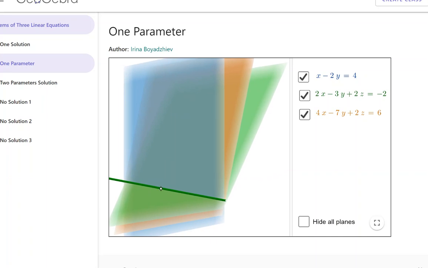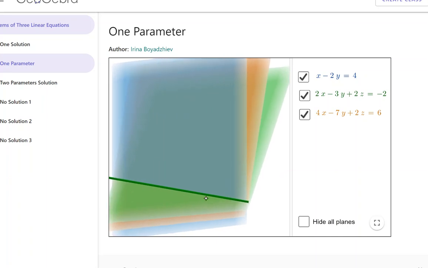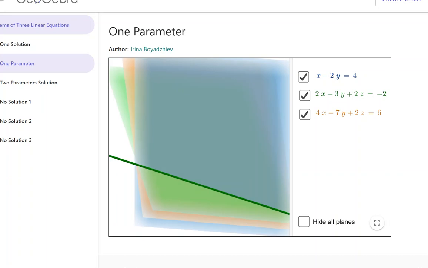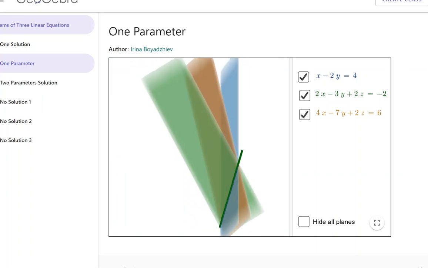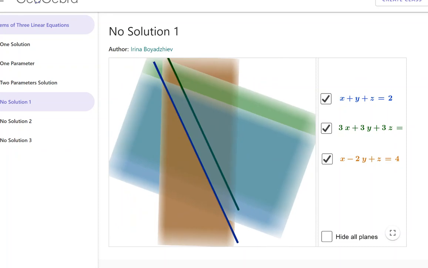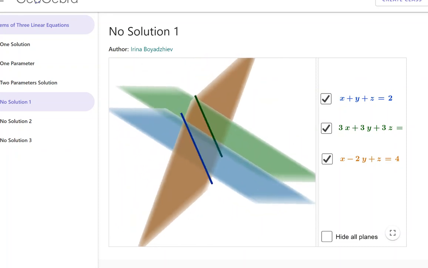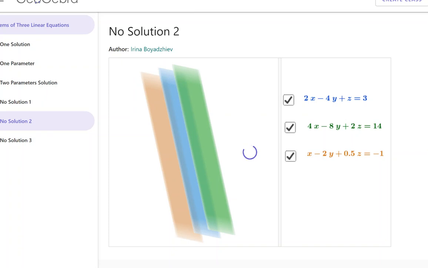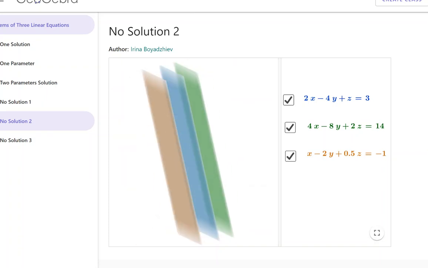So in this case, the dark green line that we're seeing is where all three of the planes intersect, so every point along that line is a solution. Or you could have no solution, and that could occur in a variety of ways. Whenever you have no solution, it's because the planes do not intersect each other all at the same location. All the planes could be parallel, so they never intersect.